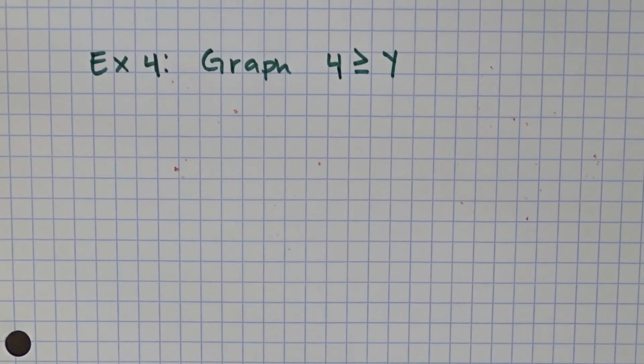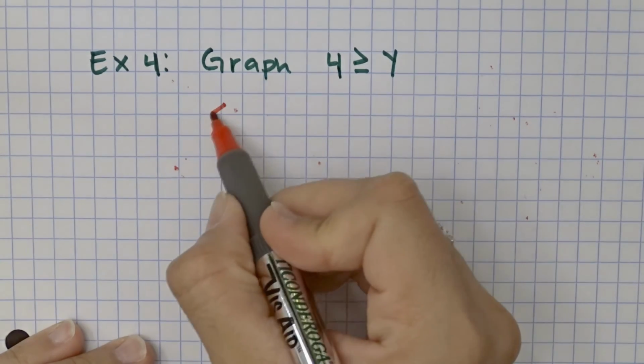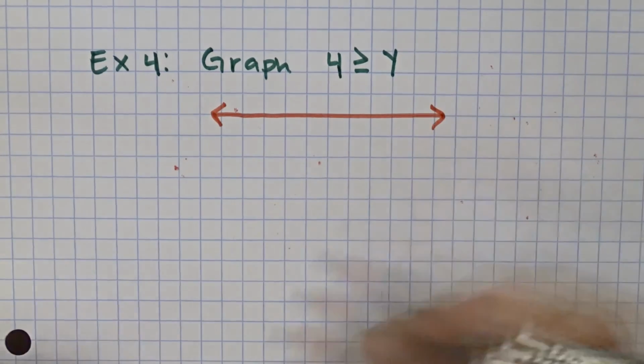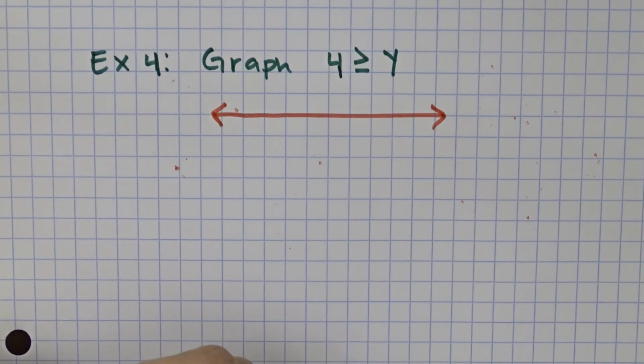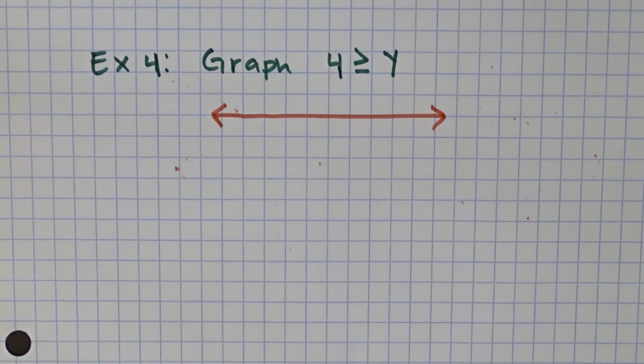And again, where are all those values for y that make this inequality true? 4 is greater than or equal to what? Fill in the blank. 4 is greater than or equal to blank.